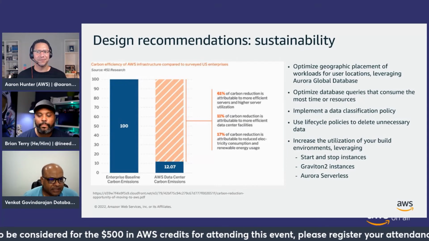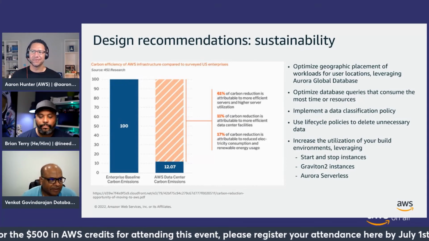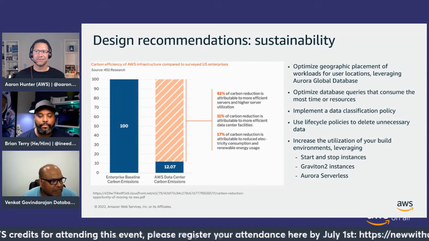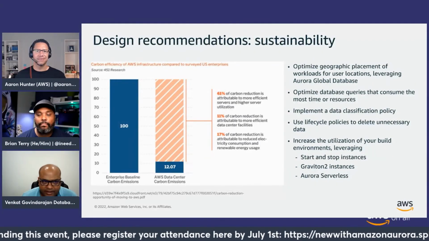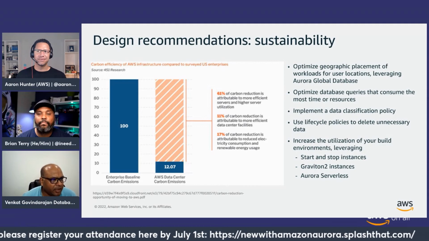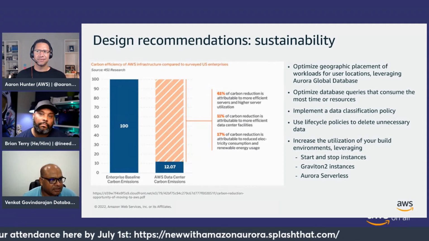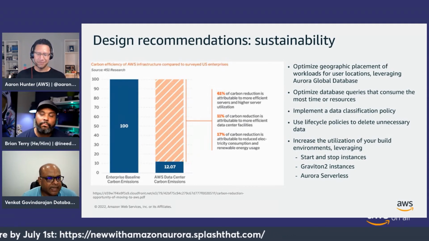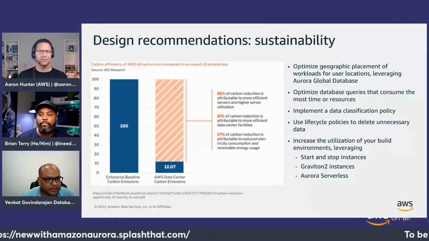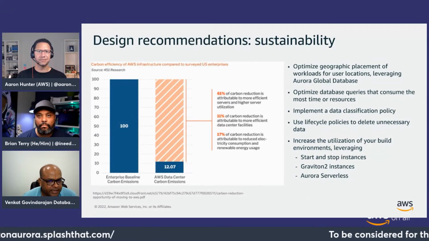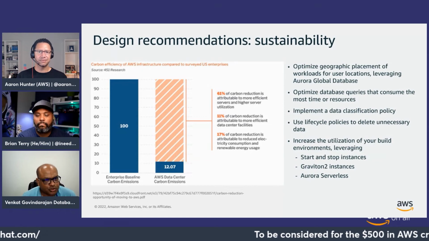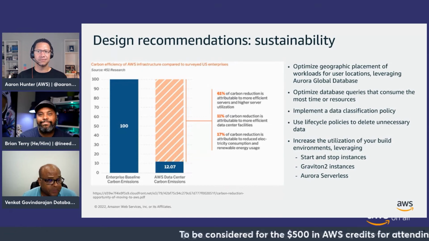Increase utilization by leveraging stopping and starting instances. It's nothing different from cost optimization, I'm just talking about it in terms of sustainability. By starting and stopping resources, you reduce your carbon emissions and the heat generated by the machine. Then there are Graviton instances.